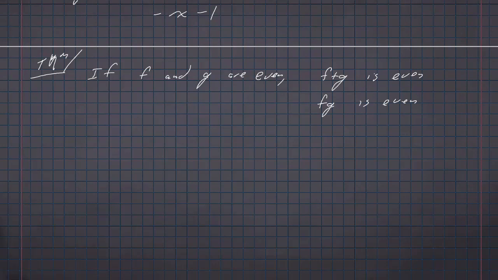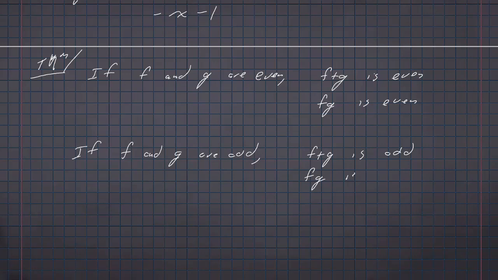And when you add them together, you get an even function. If you have two odd functions and add them together, the result is odd. If you have two odd functions and multiply them together, the result is even.